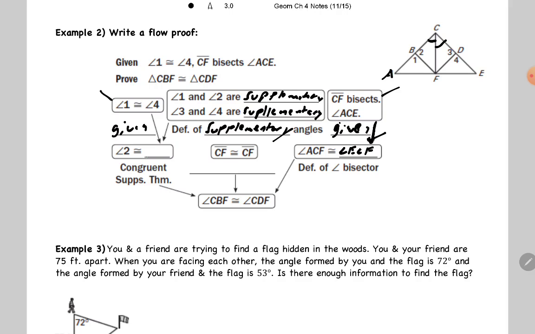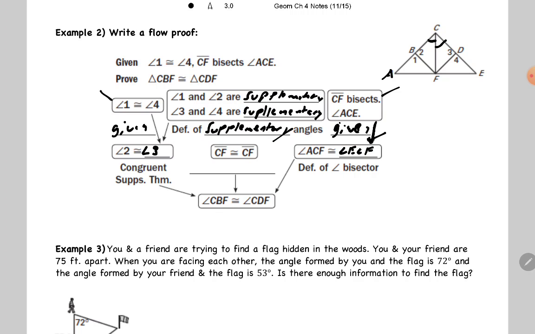So now let's look at the left. They tell us that angle 1 is congruent to angle 4. Angle 1 and angle 2 are supplementary. Angle 3 and angle 4 are supplementary. That means angle 2 is congruent to angle 3 by the congruent supplement theorem.